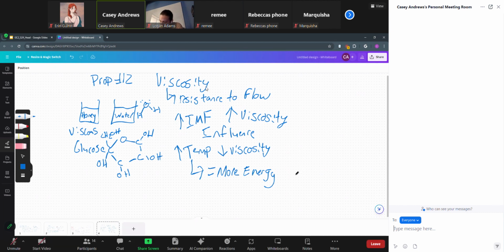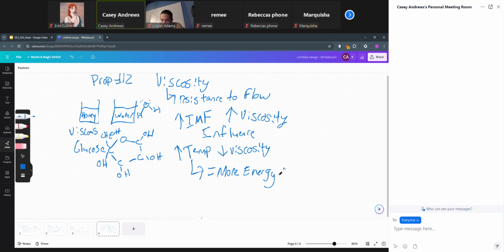If there's more energy, therefore, it's easier to break bonds. And so when a liquid is moving, you are breaking bonds. You're breaking its intermolecular forces. That's how it's moving. And so the hotter it is, the easier it is to move. So temperature is 1.